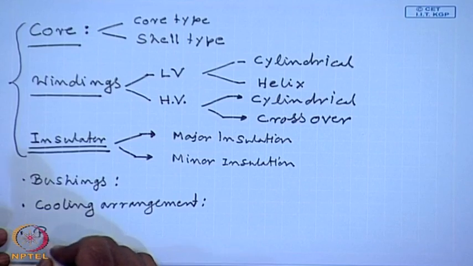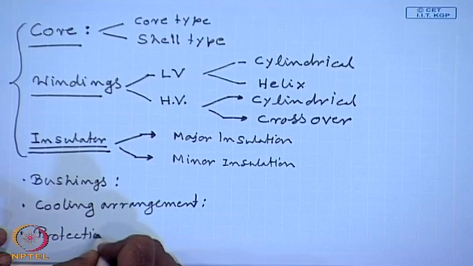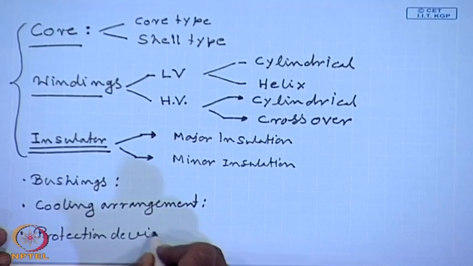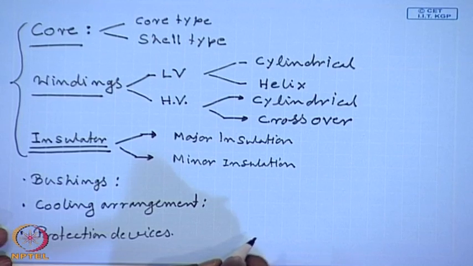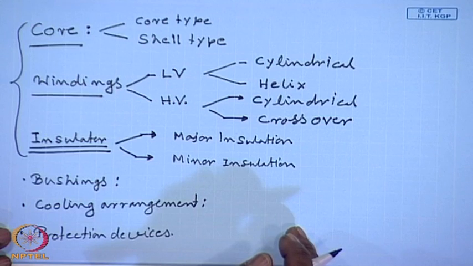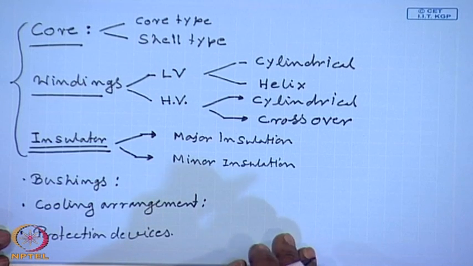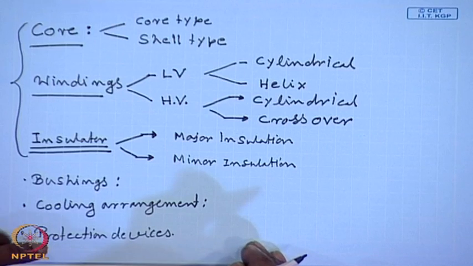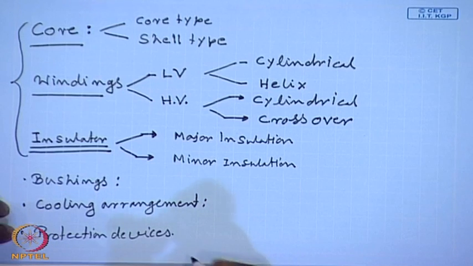So, a large number of cooling arrangements are possible, and depending on the power rating of the transformer, a suitable cooling method is chosen. And then you will find protection arrangements, which are found in the form of, for oil filled transformer, conservators, and then explosion vents, Buchholz relay, and then lightning arresters, and different circuit breakers and relays.